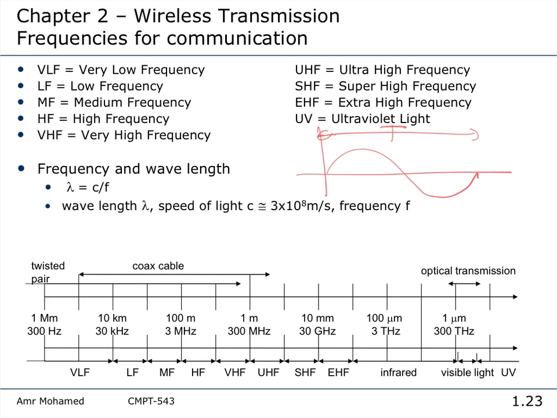So wavelength here talks about the distance that this signal travels for a time T. Assuming that this signal travels into the air, what is the distance that this signal can travel in that T period?